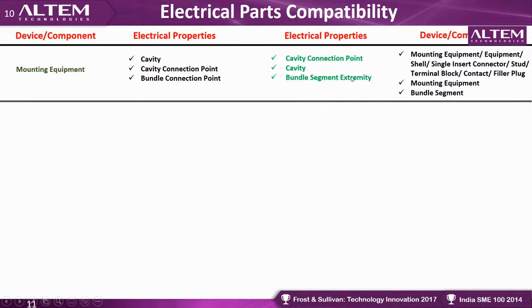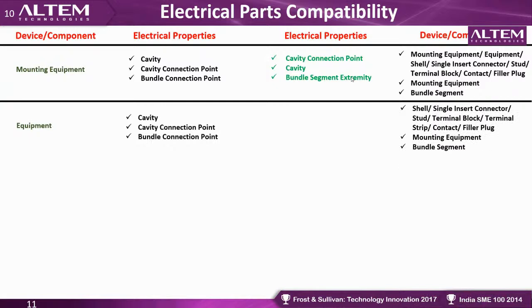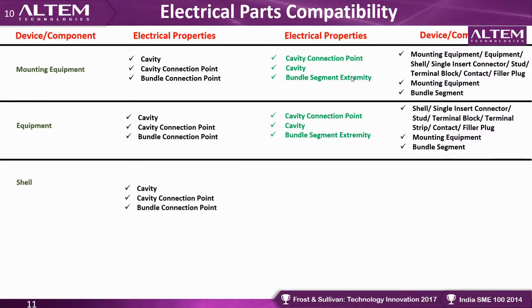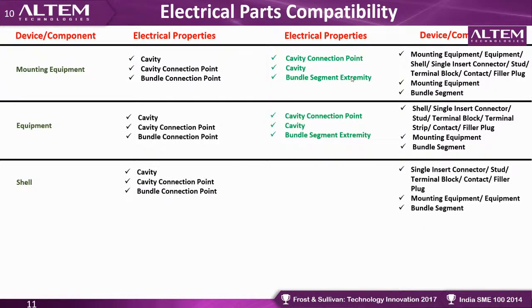So like this, equipment can be defined with these properties. And this is a set of compatible parts for equipment, and it can be defined with these. Likewise, shell can have a cavity connection point or bundle connection point.